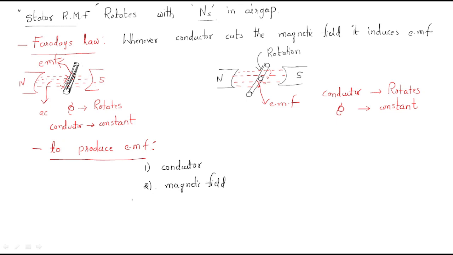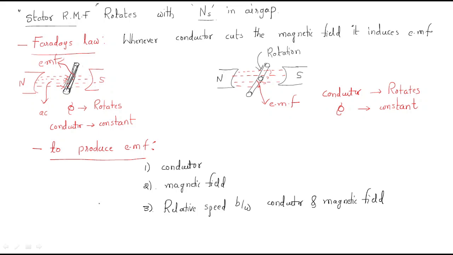The third thing is relative speed between the conductor and the magnetic field. Then EMF is produced. Otherwise EMF doesn't produce. So that is Faraday's law to produce the EMF.